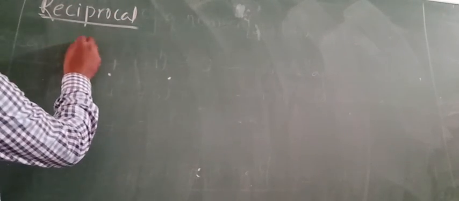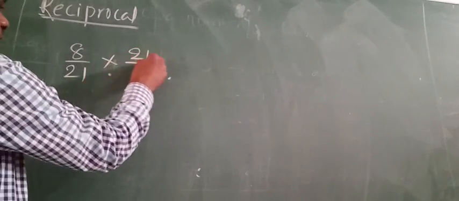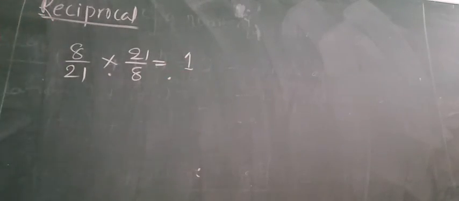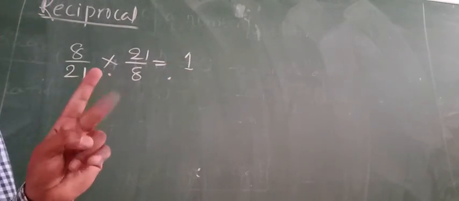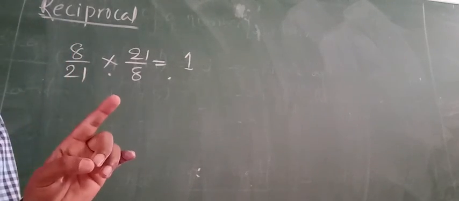Reciprocal of a number. Let me take 8 by 21 as a number. Then you multiply this with 21 by 8. Then you should get the multiplicative identity. So in addition, when I add two numbers, I should get the additive identity.